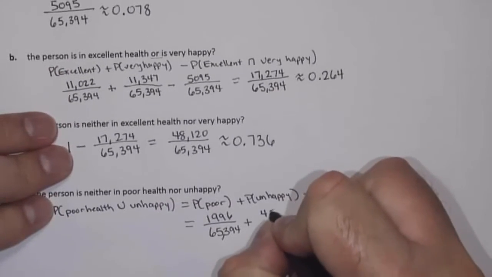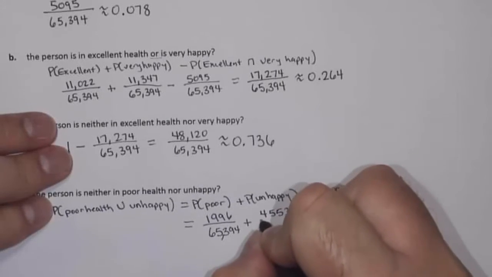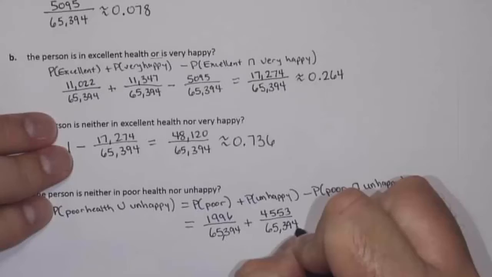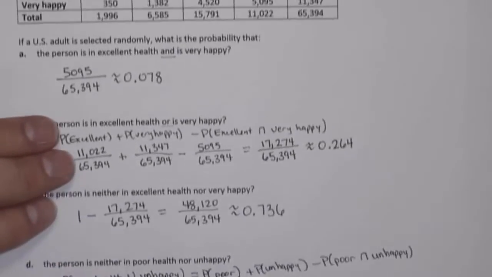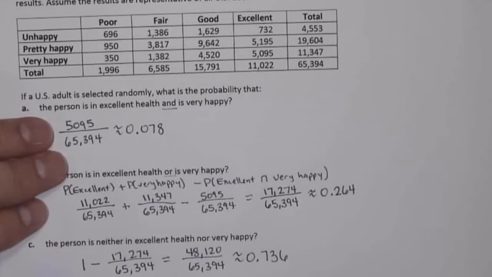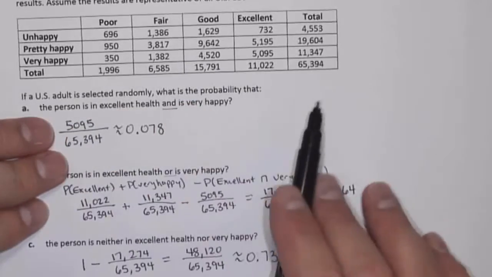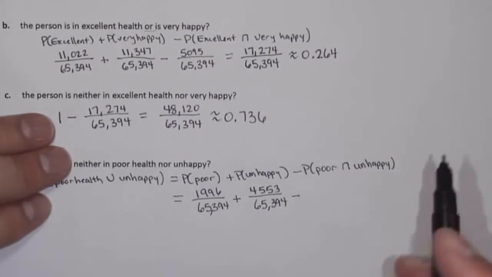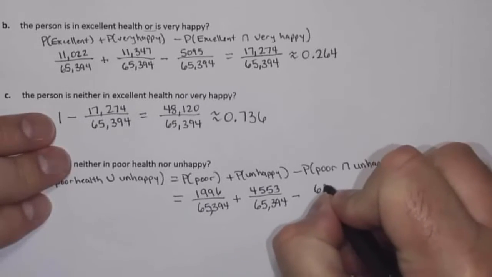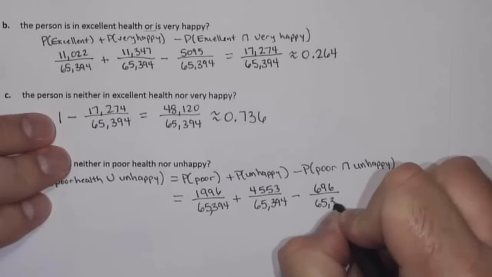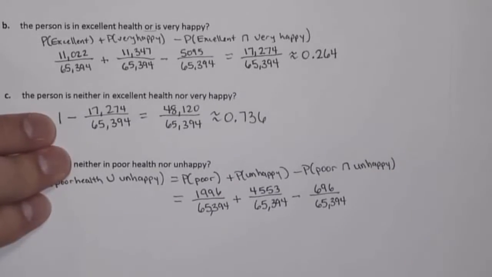So 4,553 out of the 65,394 minus the probability of being both in poor health and unhappy, that is the 696 out of the 65,394. So 696 out of 65,394.